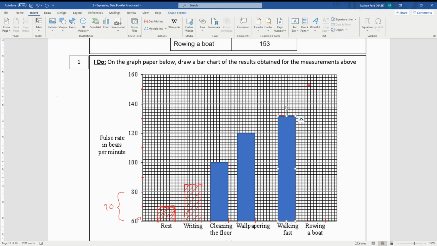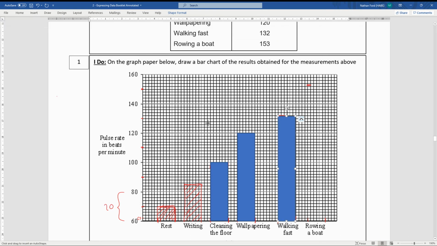This is why you want to make sure there's equal gaps, but I'm restricted by the way they've written our questions, our categories at the bottom here.